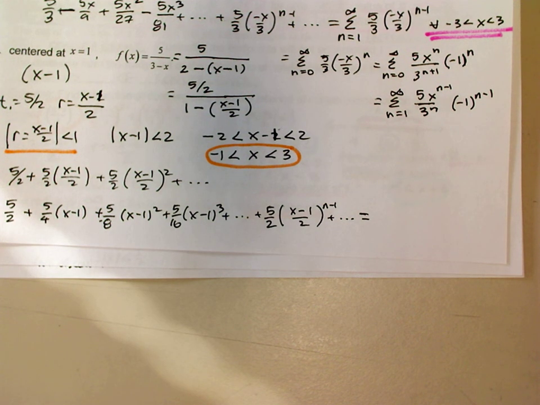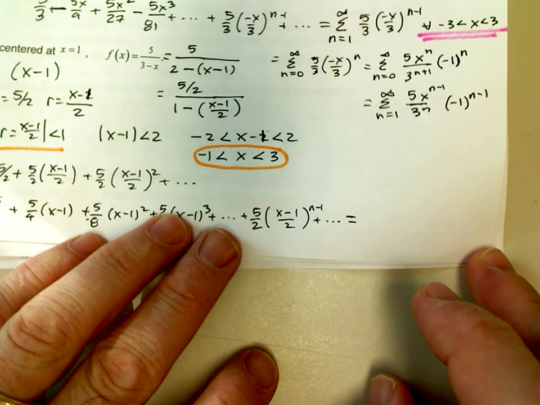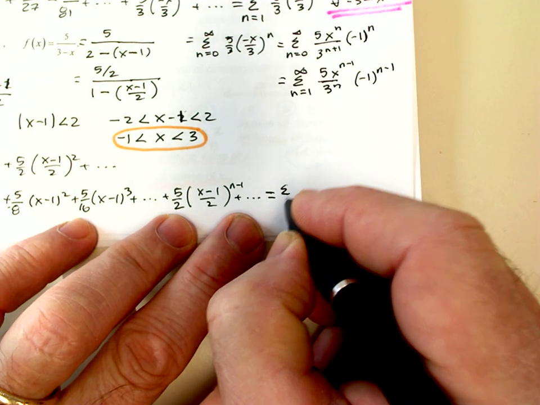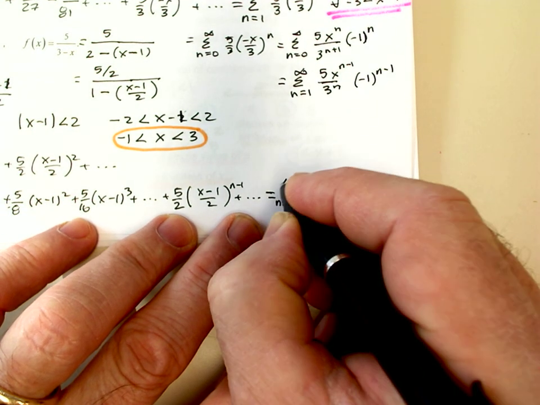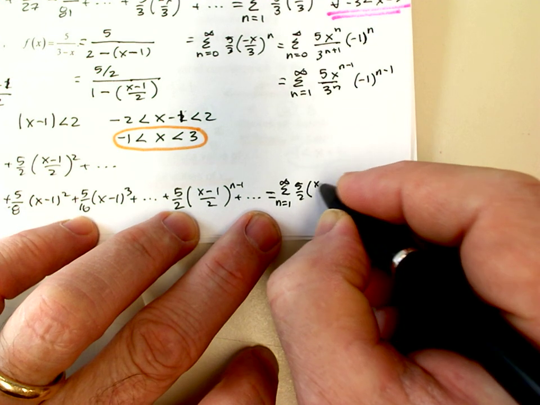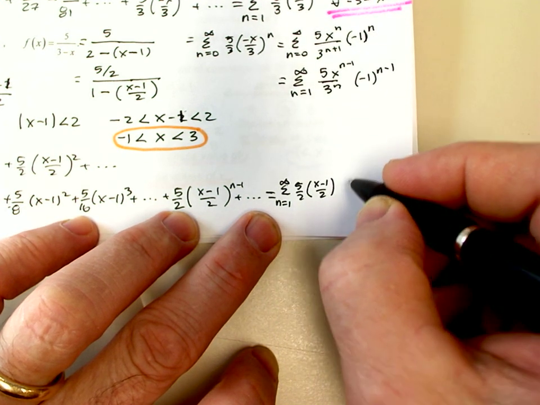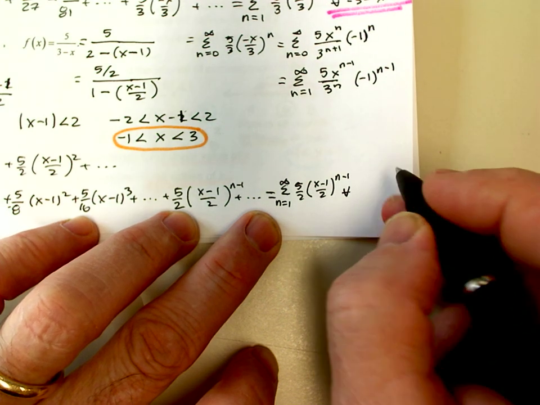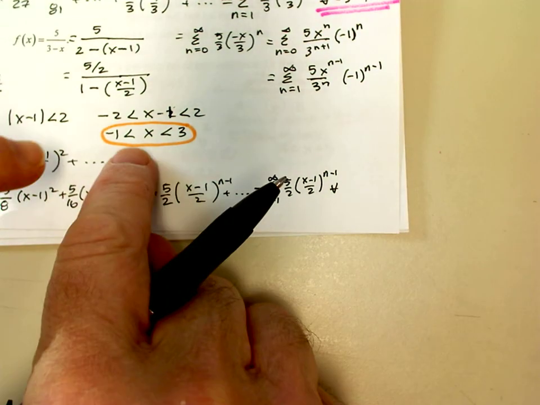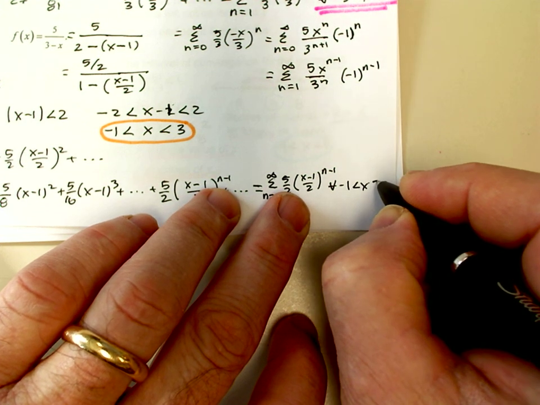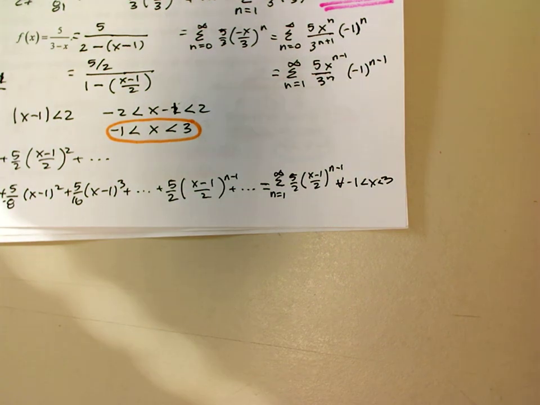And then we'll write this in summation form. The summation from n equals 1 to infinity of 5/2 times the quantity of x minus 1 divided by 2 to the n minus 1 power for all values of x between, this one right here, between -1 and 3.